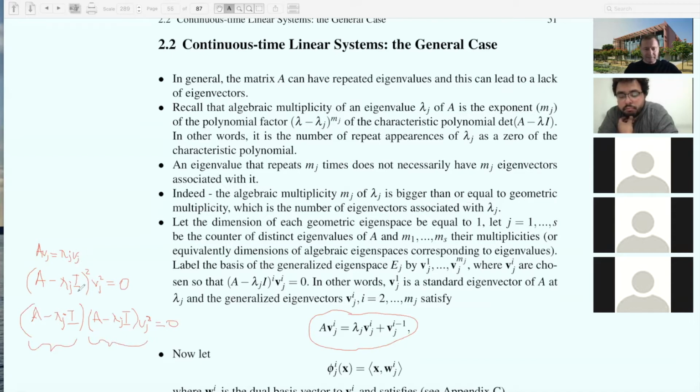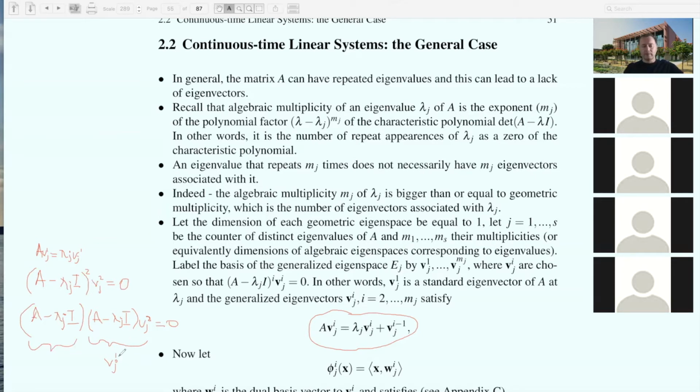So clearly, this must be in the span of the eigenvector itself. Let's call it Vj1. So you can easily choose that this is just Vj1, the eigenvector itself, and then A Vj2 is equal to lambda j Vj2 plus Vj, i minus 1, which in this case is just 1.